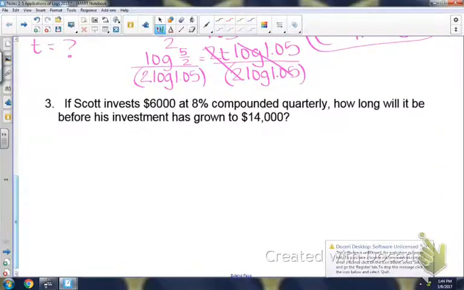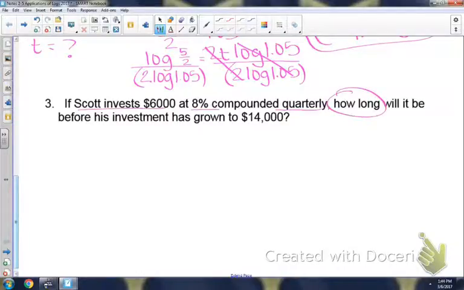Okay, so 3, it says if Scott invests $6,000 at 8% compounded quarterly, how long will it be before his investment has grown to $14,000? So A is your final amount, which is 14,000.